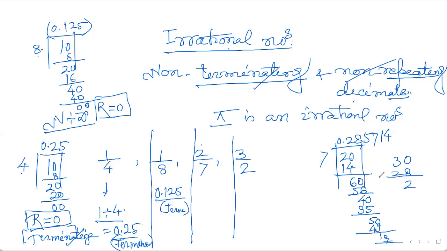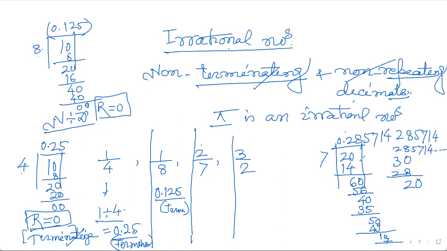If I put a 0 here, then again this process is repeating. So 2 8 5 7 1 4, 2 8 5 7 1 4, and so on.